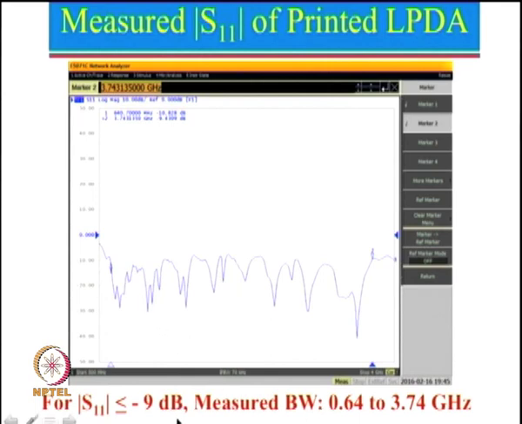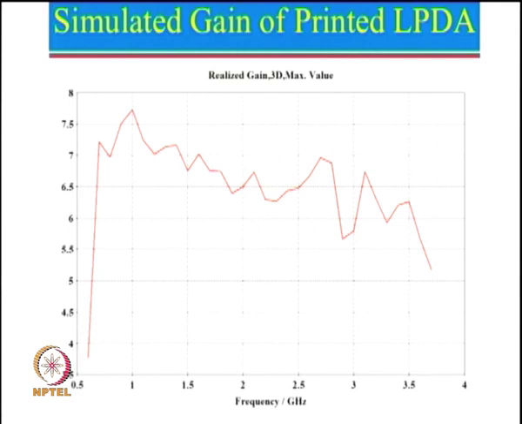For this value, the bandwidth is from 0.64 gigahertz to 3.74 gigahertz. So, you can see that in a very simple manner one can realize a broadband antenna with gain of around 7 dB plus or minus 0.7 dB, which can be improved slightly.